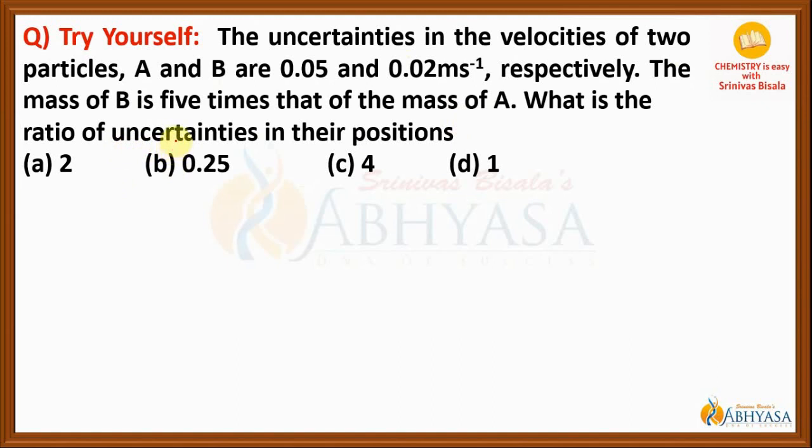If you have any doubt, watch the video again, then substitute all the given values in the formula. The only thing different here is that you need to compare the uncertainties of particle A and particle B, and post your answer in the comment box. I will check whether it is correct or wrong.